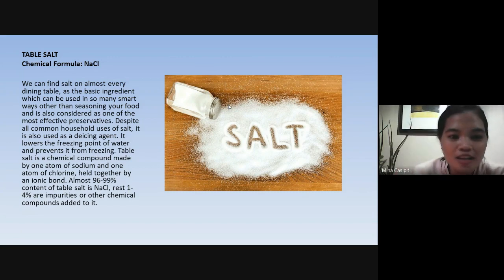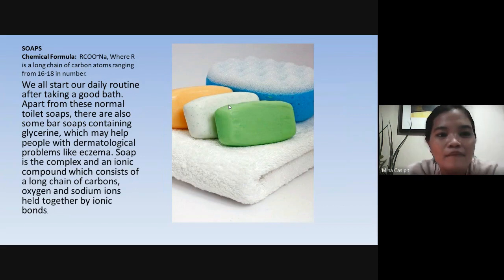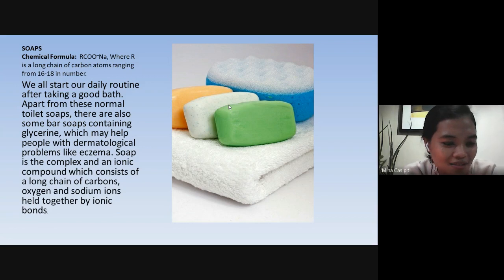Okay, let's proceed to the other items that are very useful to us. Are you familiar with this item? Ano po ito? Okay, so it is a soap na kailangan natin sa pang-araw-araw. Bakit mahalaga yung sabon sa atin? Para mabango po yung katawan. Okay, what else?